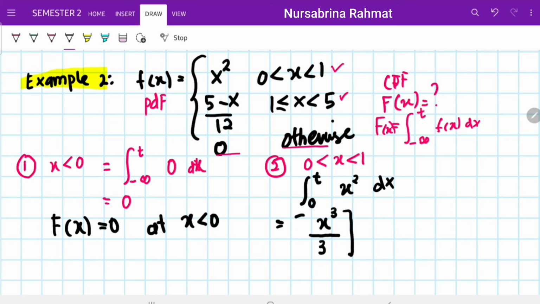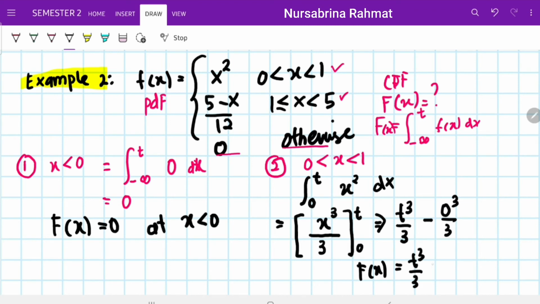Close the bracket, t and 0. So we replace x with t. It becomes t cubed over 3 minus 0 cubed over 3, which is definitely 0. So F(x) equals t cubed over 3, which we replace t with x, so it becomes x cubed over 3 for 0 less than x less than 1.